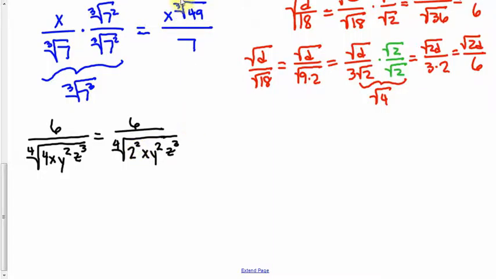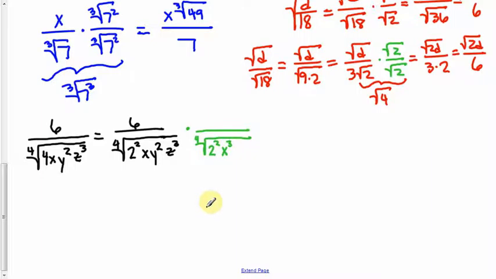So I'm going to rationalize by a radical. It'll be the 4th root of 2 to the 2nd. That'll give me 2 to the 4th, which I can take the 4th root of. Okay, I have an x to the 1st, so I need 3 more x's. Does everybody agree with that?